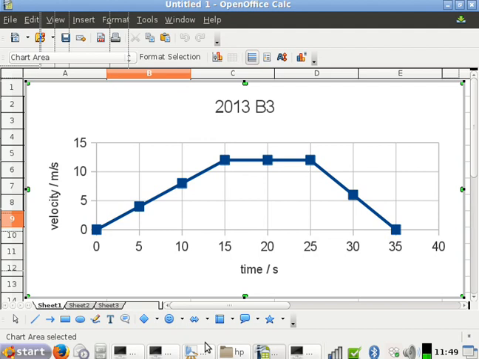Part 2 is use the graph to calculate the acceleration at the start. So on a graph, what's acceleration? It's the slope. So if I look at this triangle, how high is this triangle? It's 12 high, and how big is the base? 15.